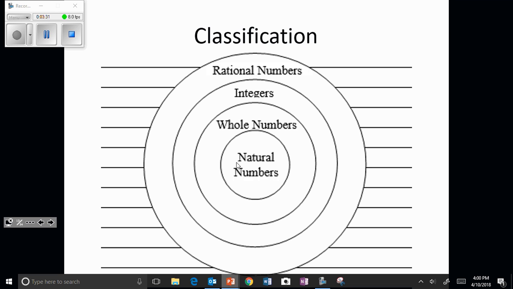So that's pretty exclusive. There's not as many numbers in the natural numbers. But if you're in this club, you can't be one of the numbers that are out here. Then you've got whole numbers. Whole numbers include the natural numbers, all right? And then integers, and then rational numbers.